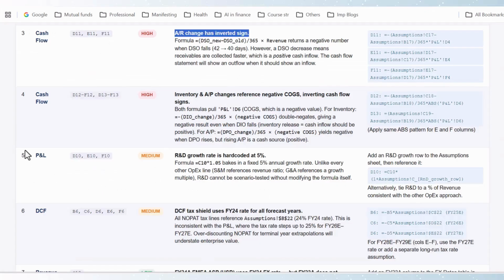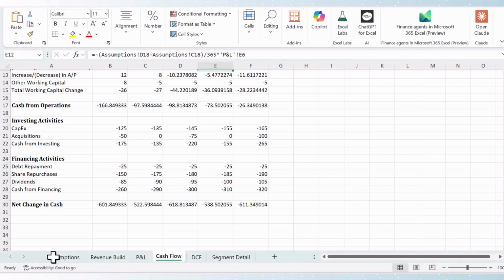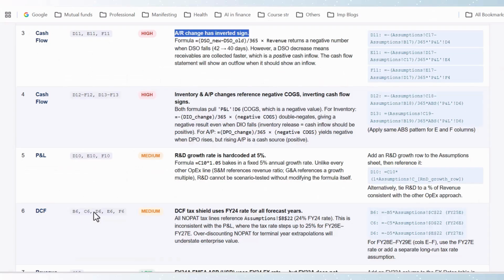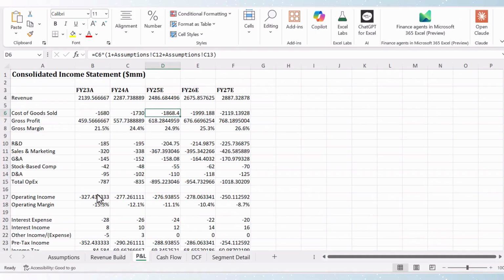For P&L, D10, E10, F10, which is our R&D line. So here it is saying that our R&D line is increasing at a static percentage, which is hard coded within the cell. So versus say sales and marketing cost, which is growing in line with the revenue growth.